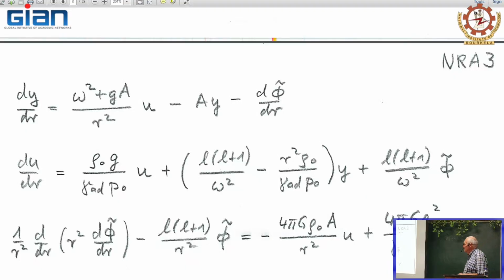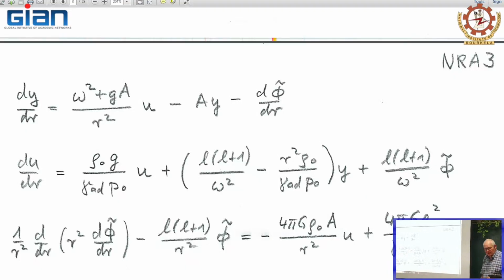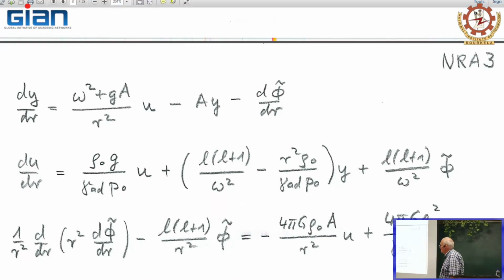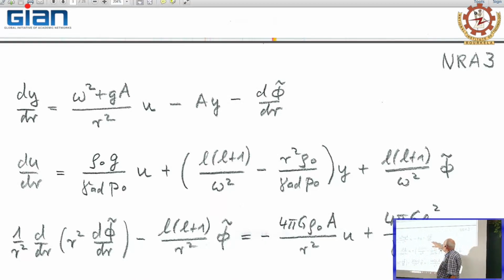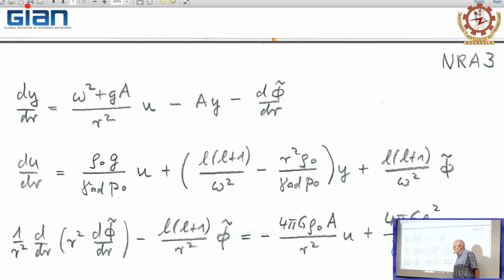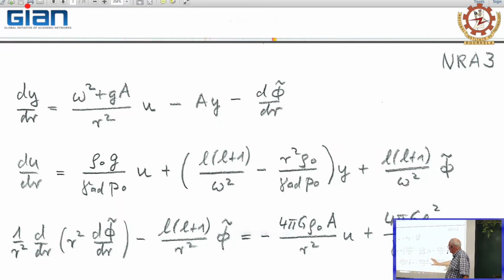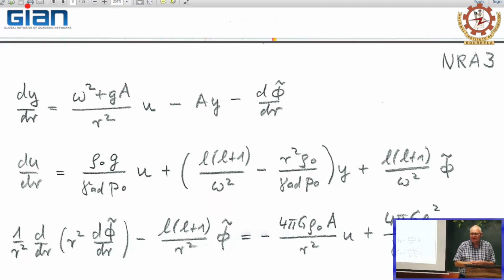Well, the first one, the y was the pressure. So this is the Ledoux and Wallraven formulation of the momentum equation. The second one is the formulation of the mass conservation according to Ledoux and Wallraven, and the last one is the formulation of the linearized version of Poisson's equation.